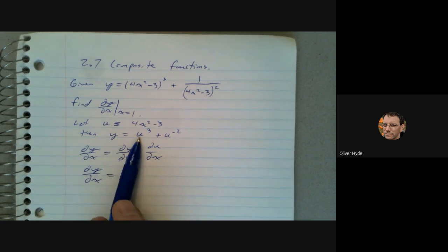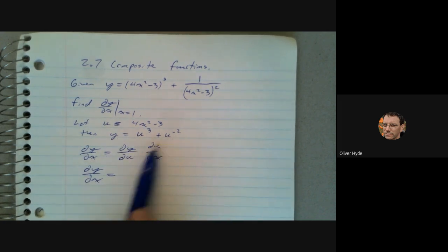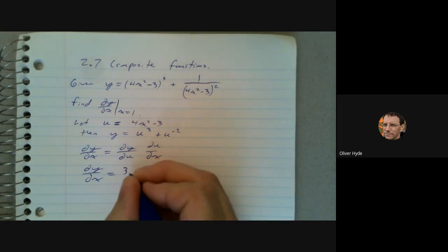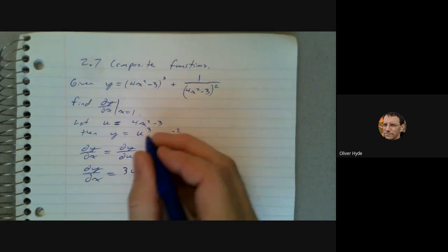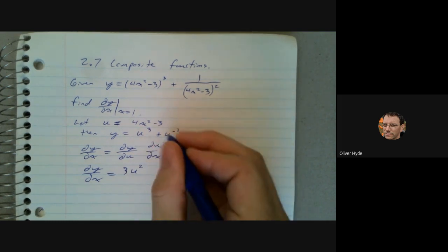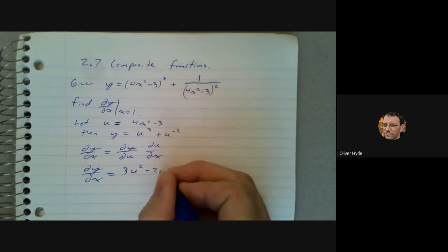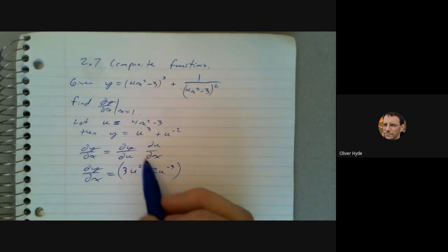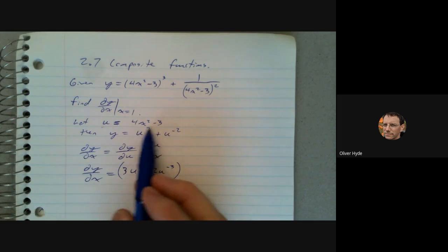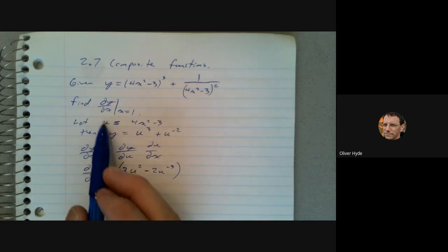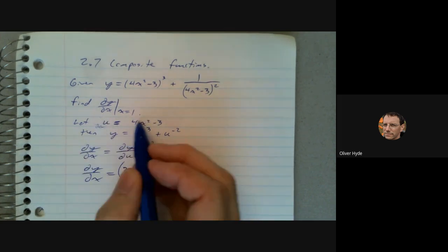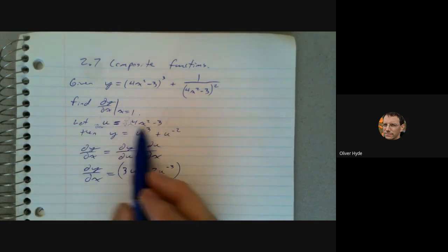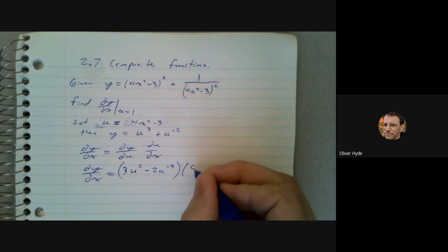If y is defined to be u cubed plus u to the exponent negative 2, then the derivative of y with respect to u is a simple two applications of a sum rule and the power rule: 3u squared minus 2u to the exponent negative 3. The derivative of u with respect to x: differentiate this expression with respect to x, you'll get delta u by delta x here, and on that side you will get 8x.